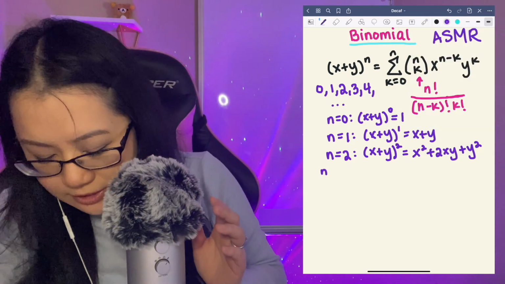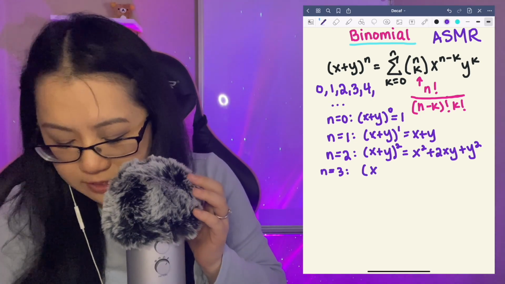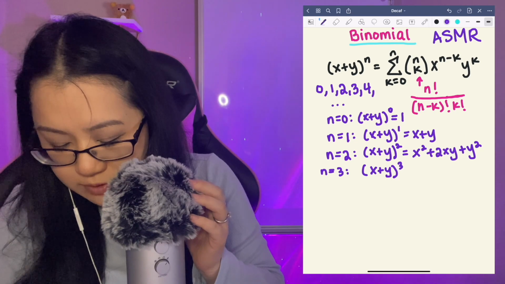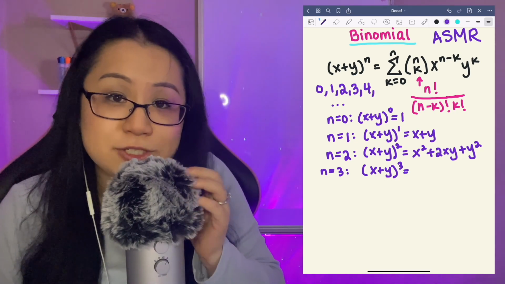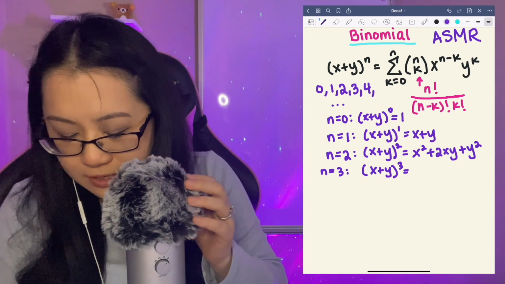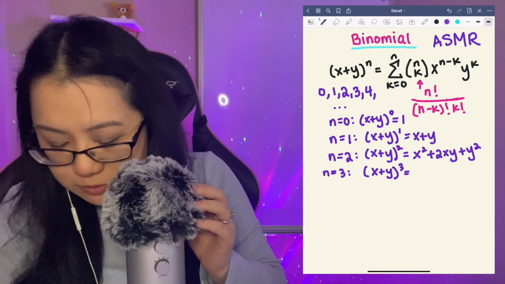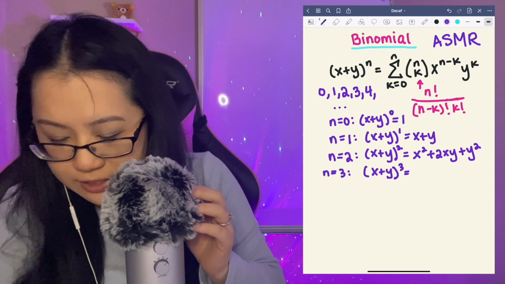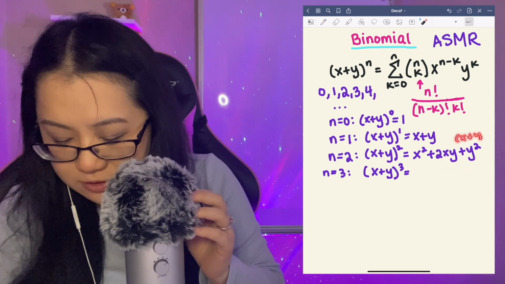Okay, so let's continue to n equals 3. So if n equals 3, we would have x plus y cubed. And this might be another one of those formulas that you are required to memorize in algebra. If not, don't worry about it. If you were to do this longhand, you basically take the n equals 2 case, so what we had here, and multiply by another x plus y.